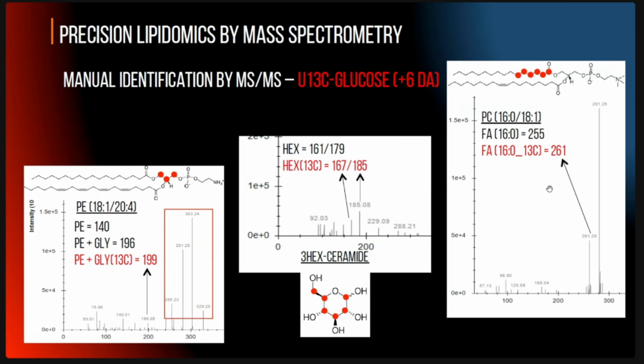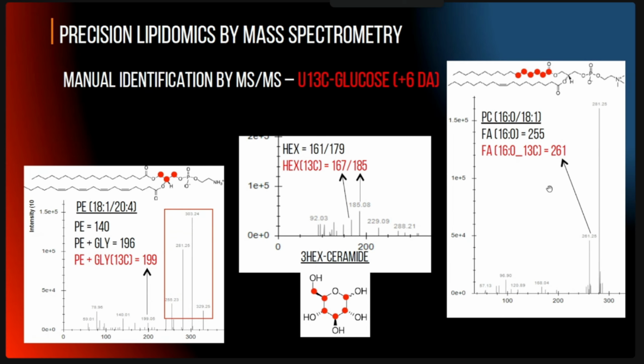This lipid here is a phosphatidylethanolamine with, well, here it is 18:0, but 18:1 and arachidonic acid. And I can recognize here the fragments of 18:1 and arachidonic acid, but the change here in mass does not occur in the fatty acid chains, but occurs at the level of the glycerol moiety here.